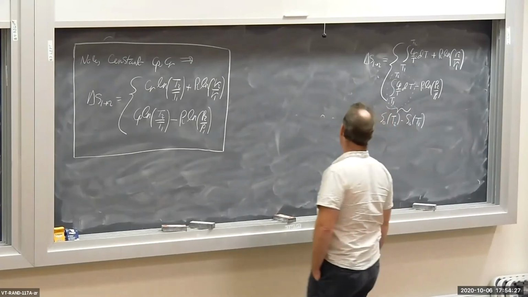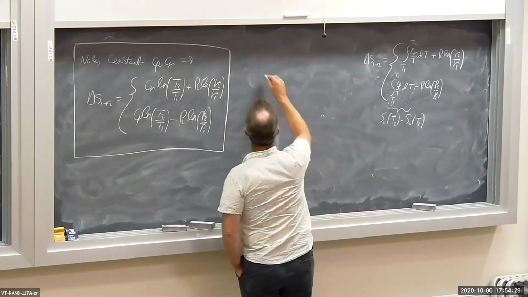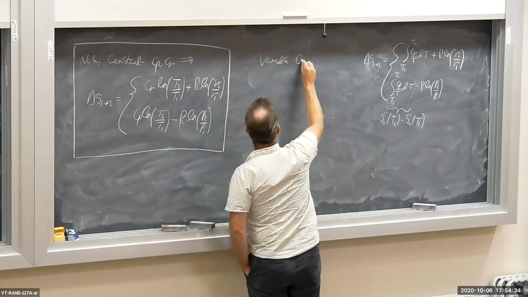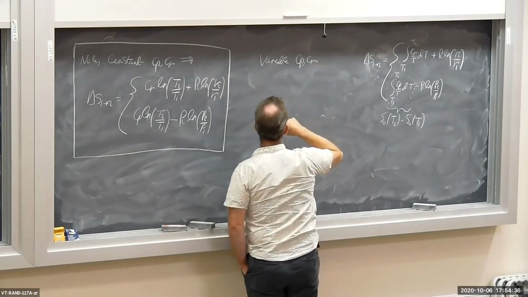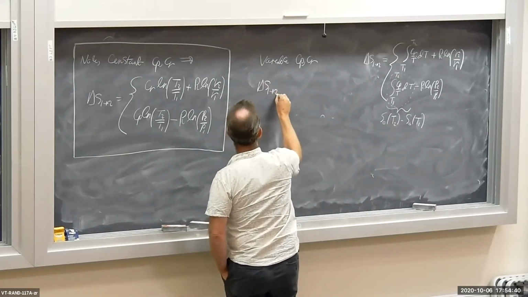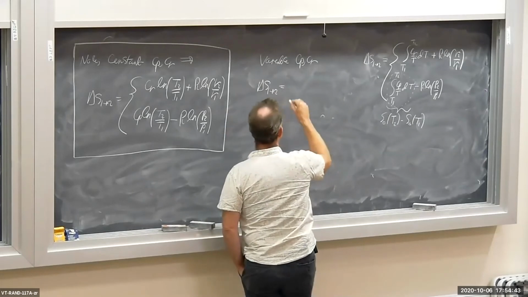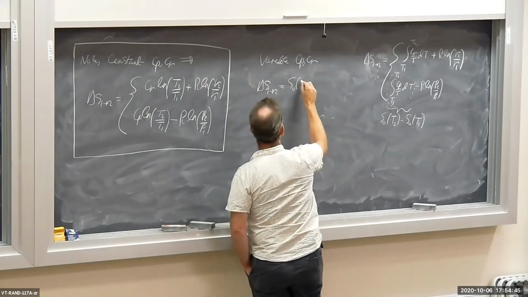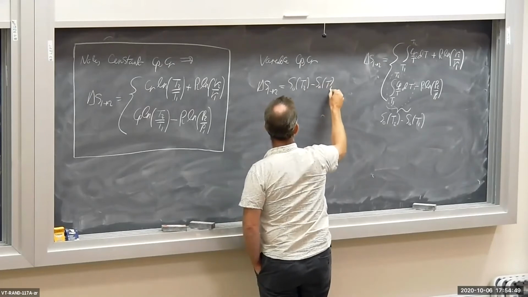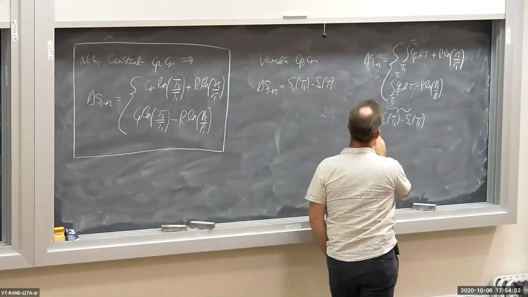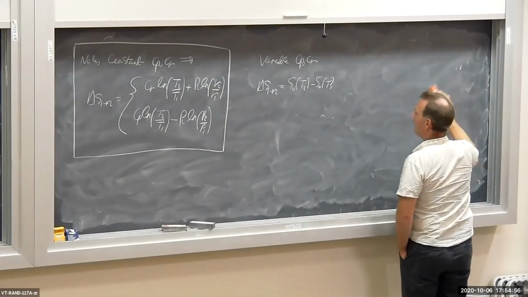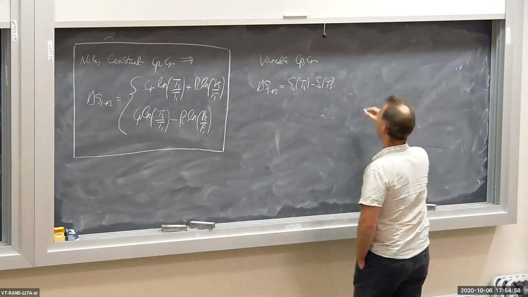So our new expression for variable specific heat, for variable Cp and Cv, our new expression is delta S from 1 to 2 is equal to s naught T2 minus s naught T1 minus R ln P2 over P1.